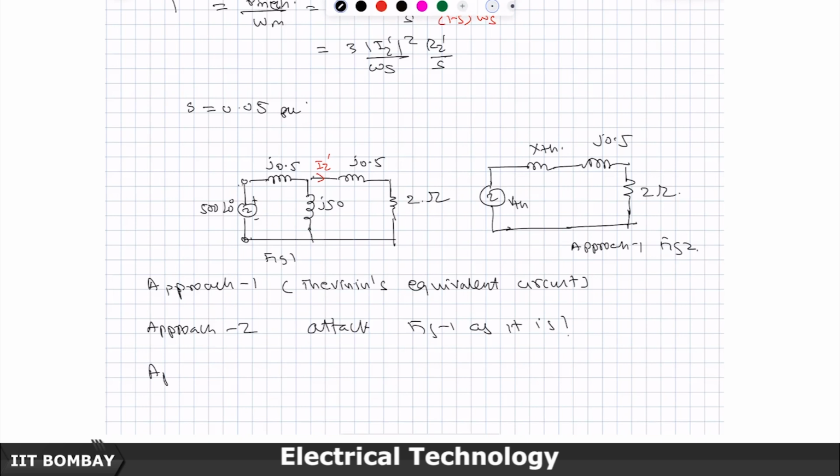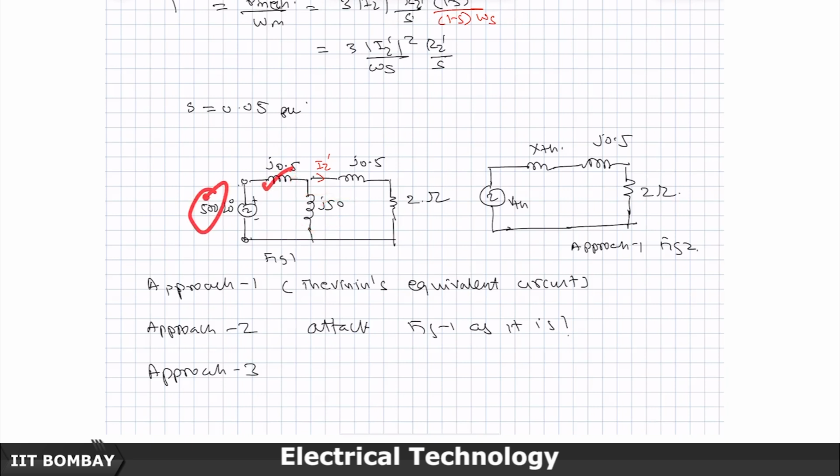Approach 3 can be, though I have not recommended it, useful when you are doing back of the envelope calculations, not writing programs. In this particular example, you see that this 50 is quite much higher than the 0.5 leakage impedance, and the voltage across this is going to be dominated by this J50 only, and this is much less.